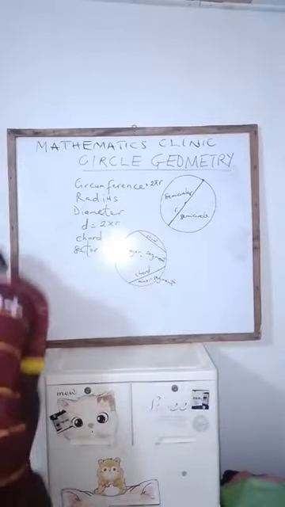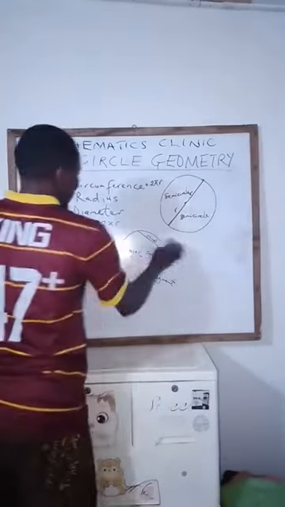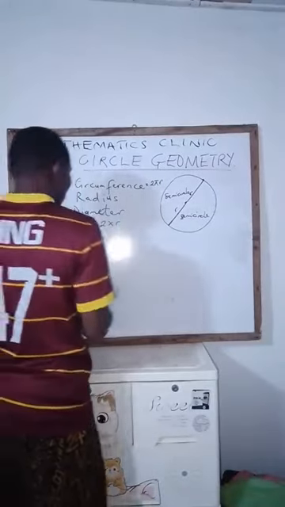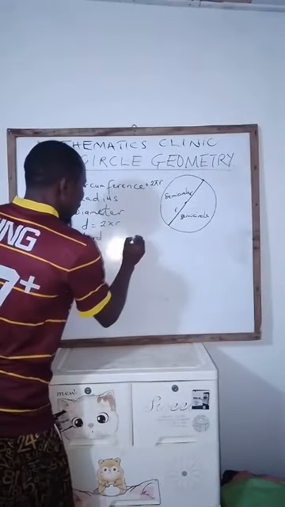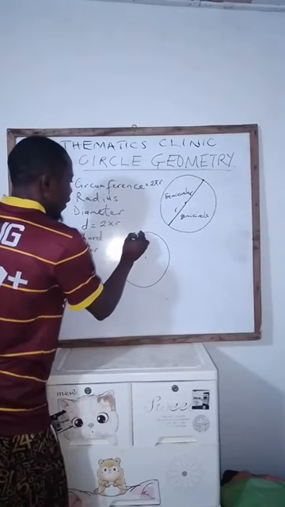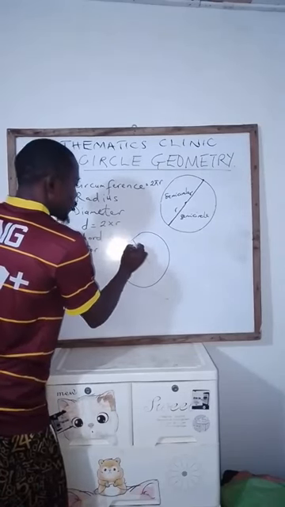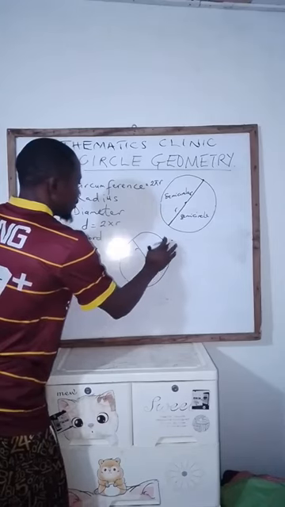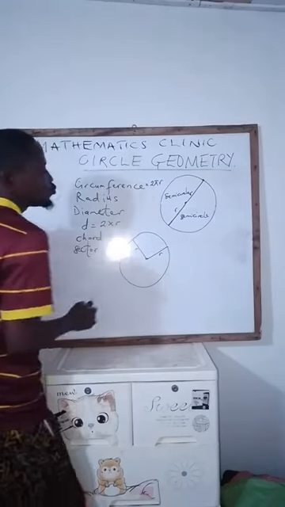Let me clean this. If I clean this and draw what I'm talking about. A sector, this is the center. Then I draw a radius. I draw another radius, making two.